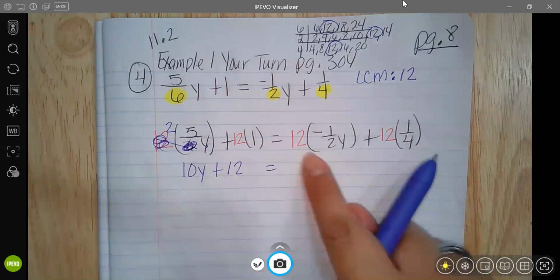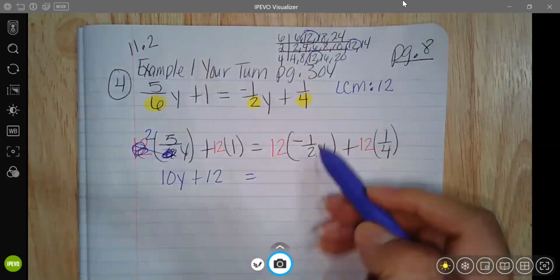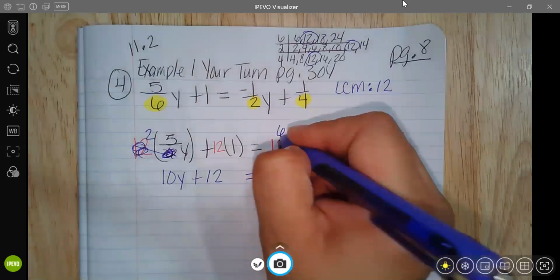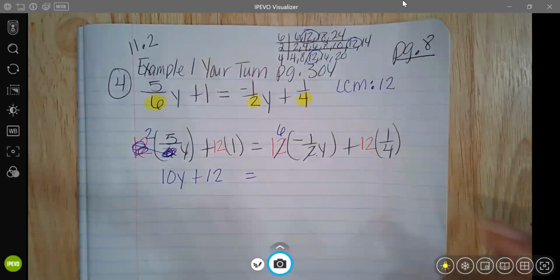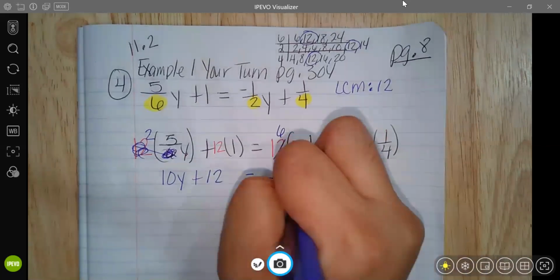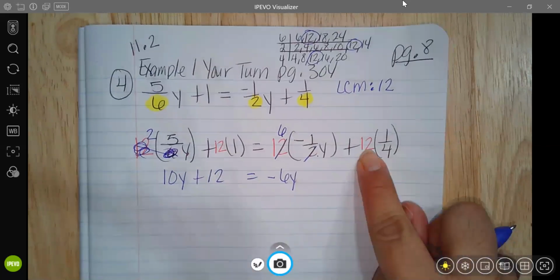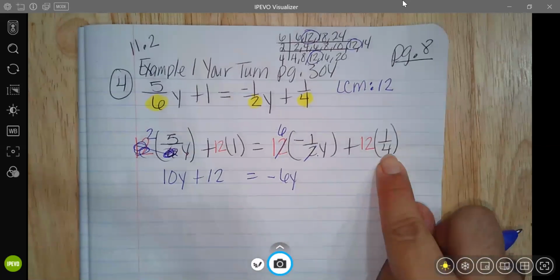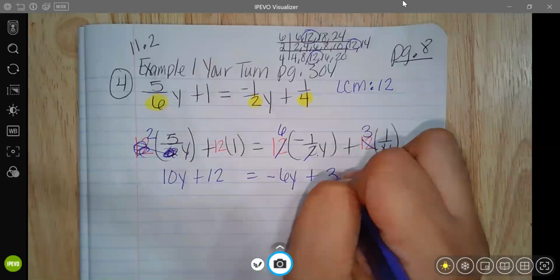Here we go, this one: 12 divided by 2 gives us 6. 6 times negative 1, and it's a variable, so this would be negative 6y. And then we have 12 divided by 4, which gives us 3. 3 times 1 is 3.